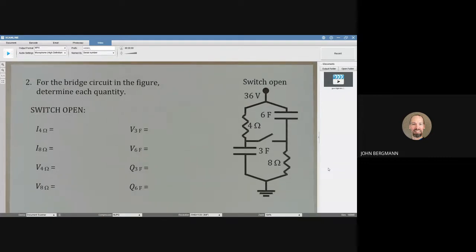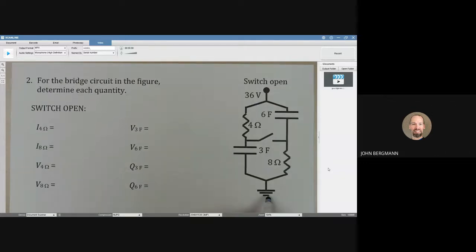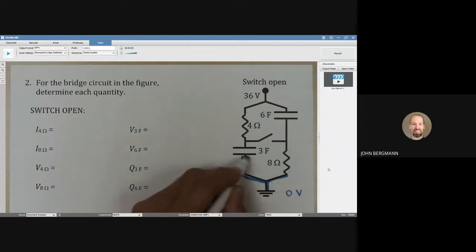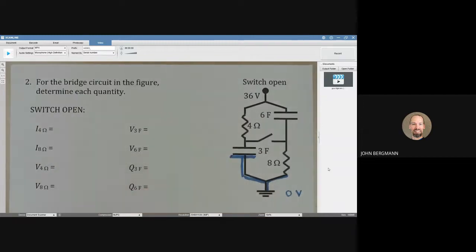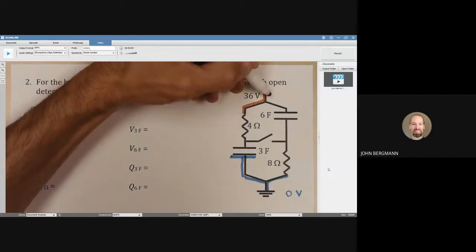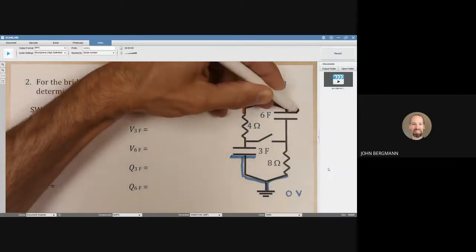It's always useful to color code, at least mentally, our circuit, and this is the symbol for ground, so that means that that is 0 volts of pressure. All of this region of the circuit right here has the same electrical pressure, and then all of this region has the same electrical pressure of 36 volts.